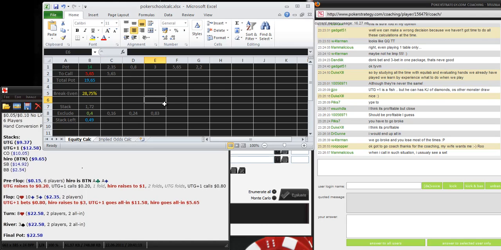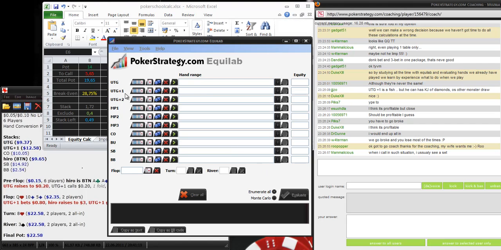And as you see, we need the equity once again of 30%. And do we get it? Can we go broke? What do you guys think?